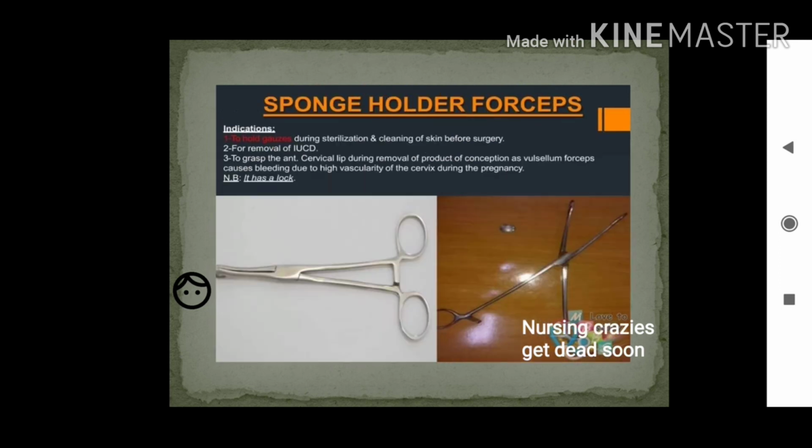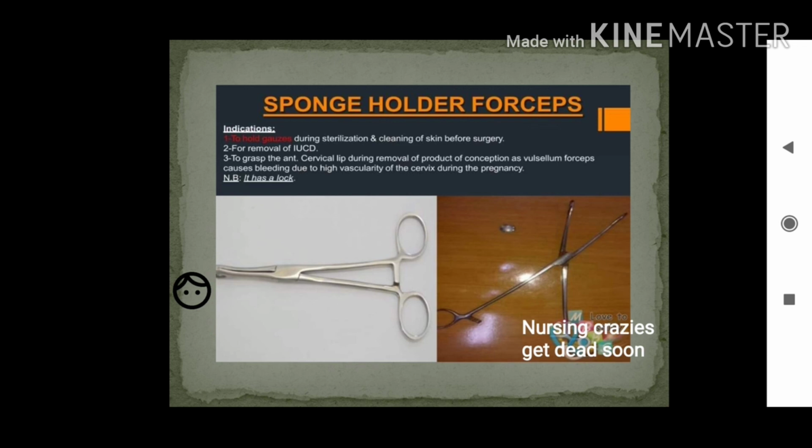The next one is sponge holding forceps. What are the indications of sponge holding forceps? Almost every medical practitioner, or those who belong to the medical field, have seen this instrument. The indication is to hold gauze during sterilization and cleaning of the skin before surgery.